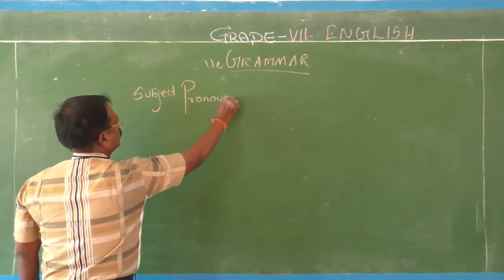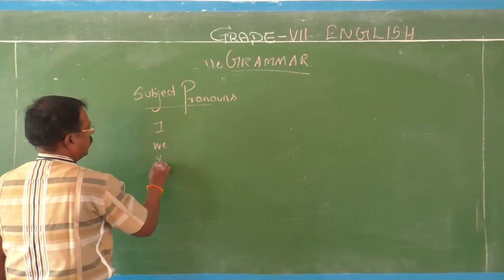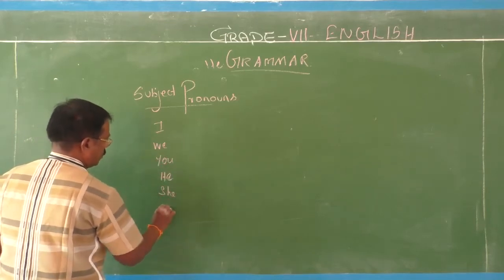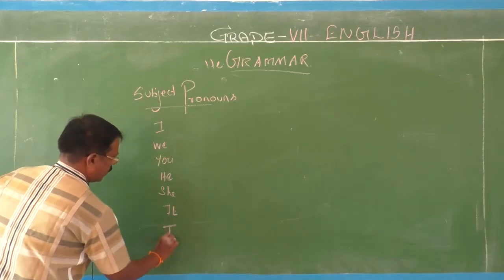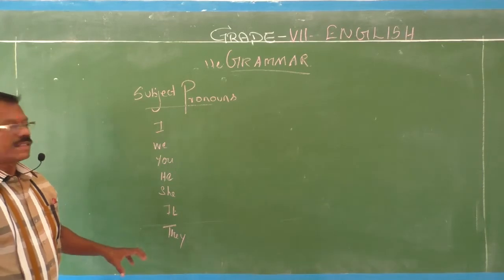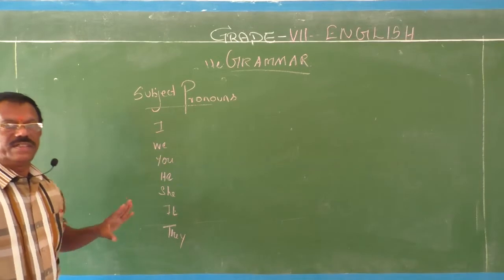Subject pronouns. I, we, you, he, she, it, and they. They are called subject pronouns because they stand for the person who does the action.